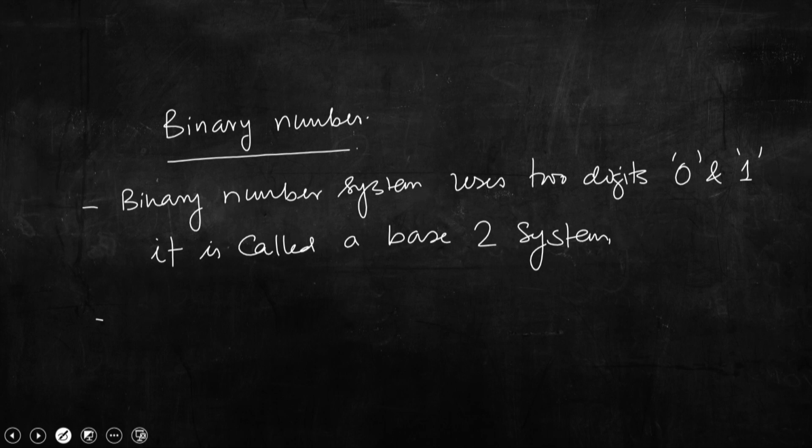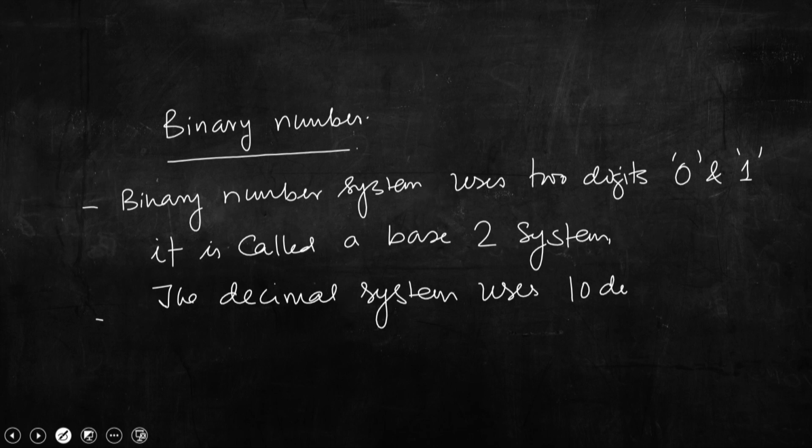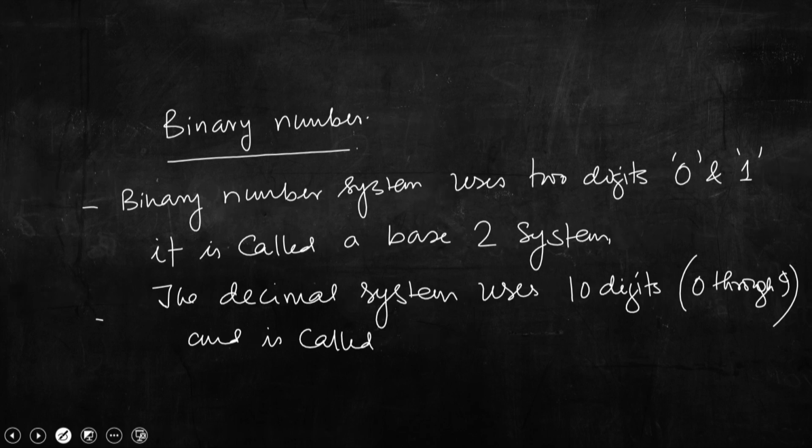Okay. The decimal system uses 10 digits, 0 through 9, and is called a base 10 system.